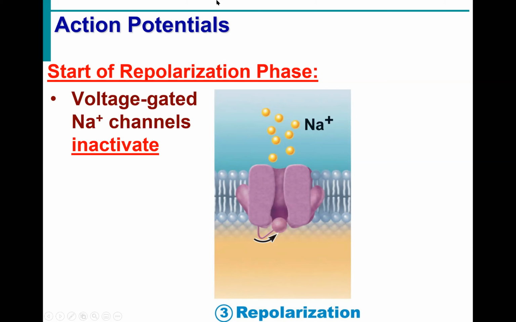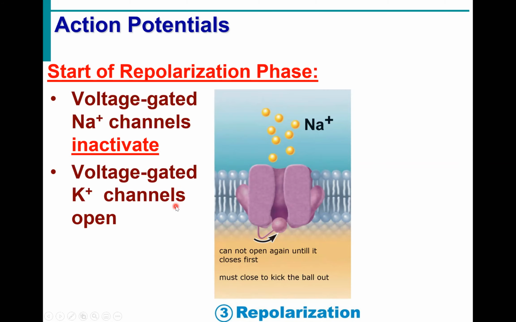And if it's inactive, remember the key to this is it cannot open again until it closes first. Right, as we saw, it must close to kick the ball out. So it has to close to kick the ball out. Once it's inactive, it's going to stay that way until the channel closes. That means no new sodium can come in the cell, and the cell can't keep getting positive.